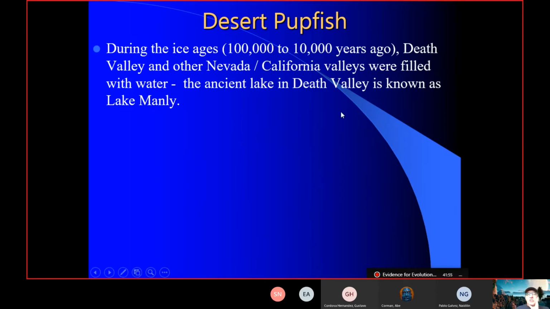So during the ice ages, long time ago, 100,000 to 10,000 years ago, Death Valley and some other valleys on the border between Nevada and California were filled with water. As the glaciers melted, the water ended up filling these valleys. And the ancient lake in Death Valley was called Lake Manly.